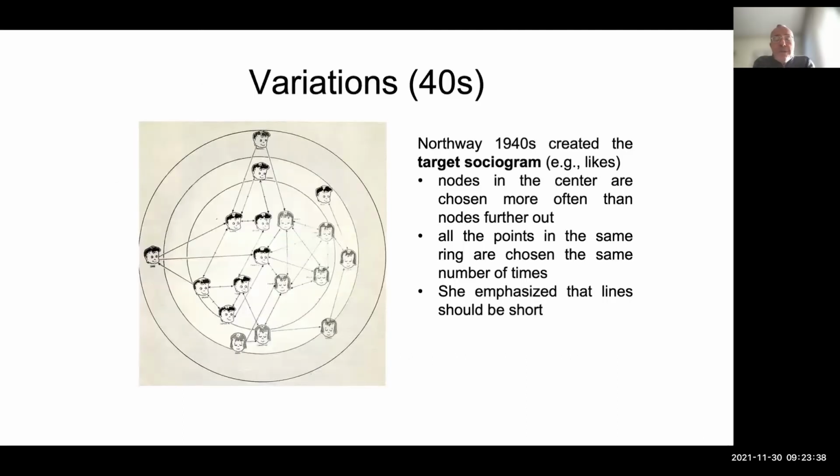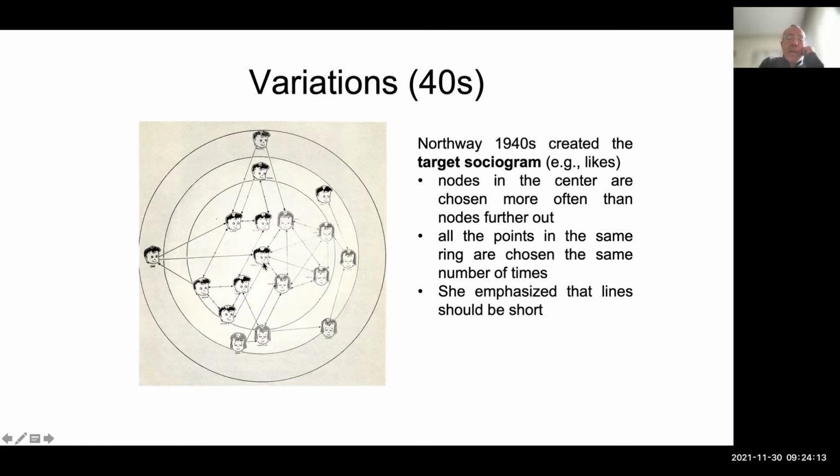And here are some variations, really old-fashioned. Another researcher in the 40s created something that is called the Target Sociogram. We are still on paper. The web did not exist, but this is perfect for representing likes. The idea is to have several circles, and the more you are the target of the social activity, like likes, the more you are in the center.